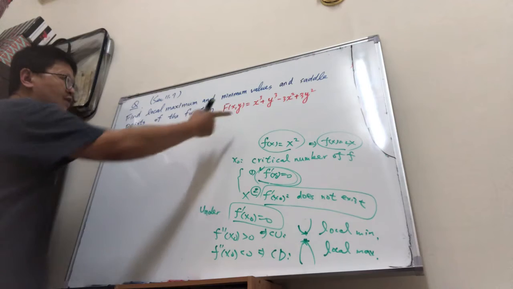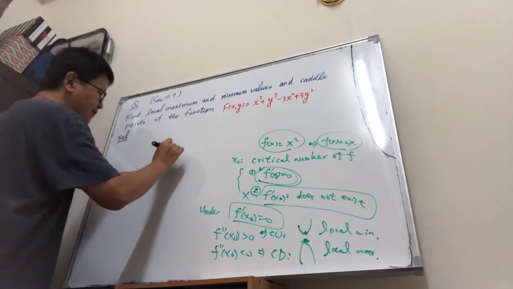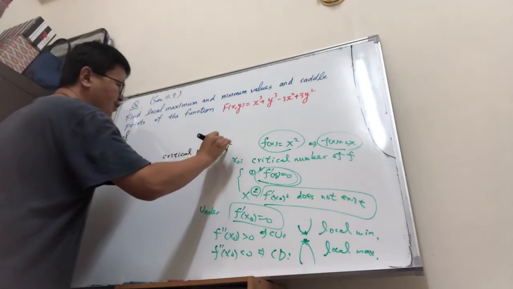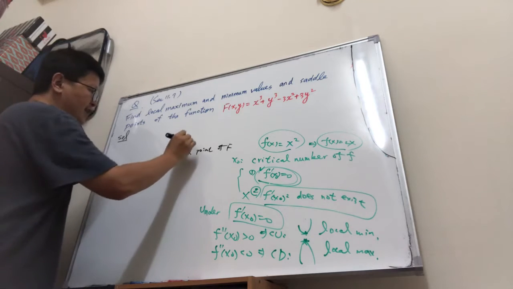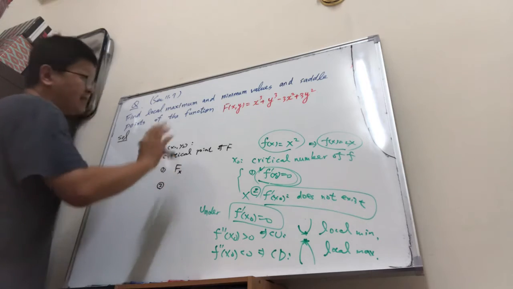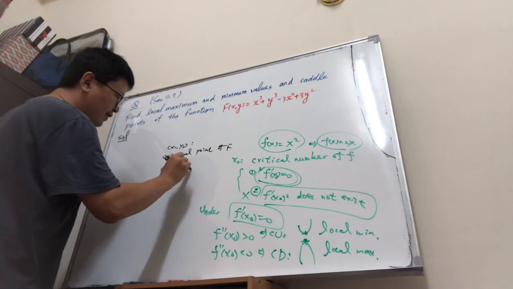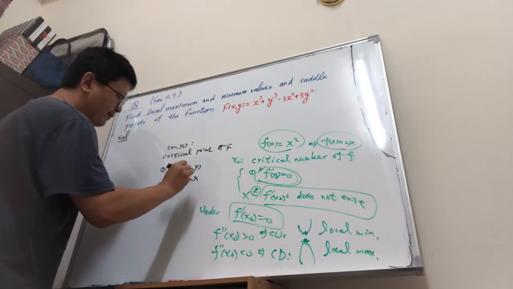Now for a function that contains two variables, we consider the critical point of the function. If x0, y0 is the critical point, then what does it mean? We still have two cases. First, we consider its partial derivative, but it has two variables, so we have partial derivative by x and partial derivative by y.